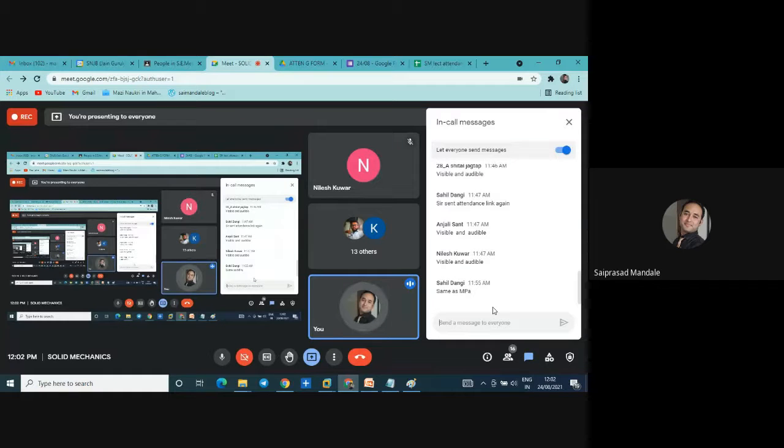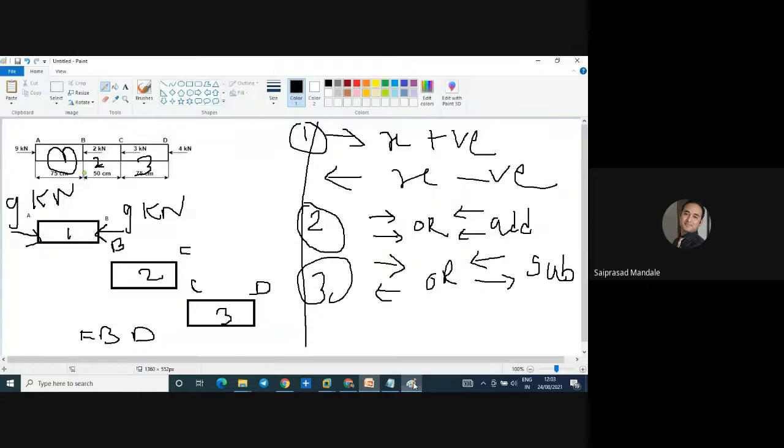I am just going to explain this numerical. You have to solve others. So even if we have to spend 1 hour on that numerical only, you have to be very careful about that because I'm going to give the assignment based on this too. It is clear to everybody how this comes 9 kilonewton and 9 kilonewton.